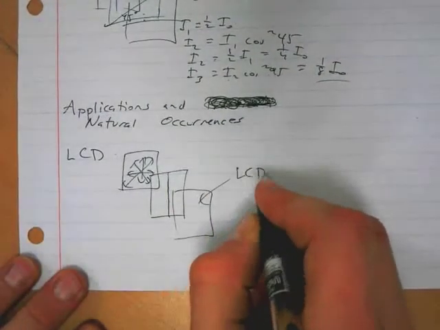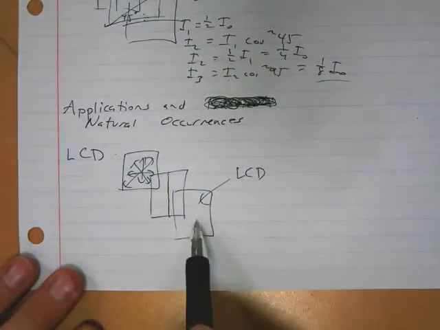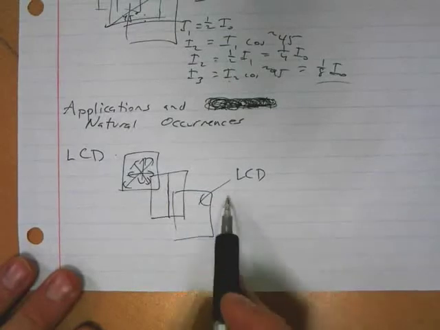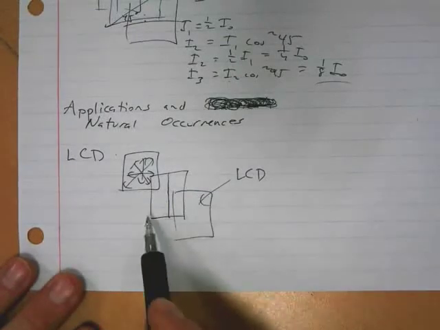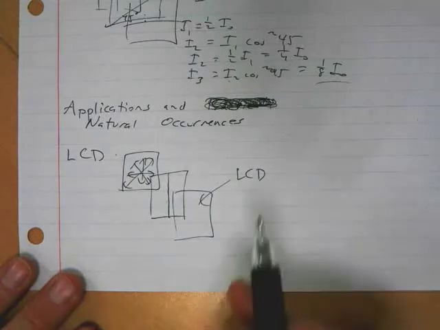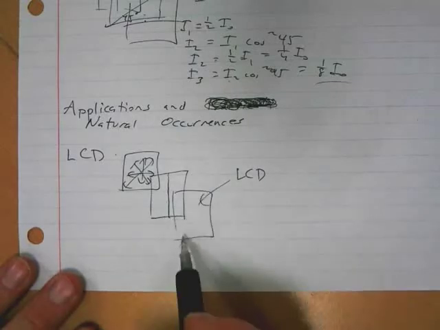of liquid crystals, and these liquid crystals can be oriented in one direction or another, and when you run a current through the liquid crystal by applying a voltage across it, it causes the polarization to rotate.